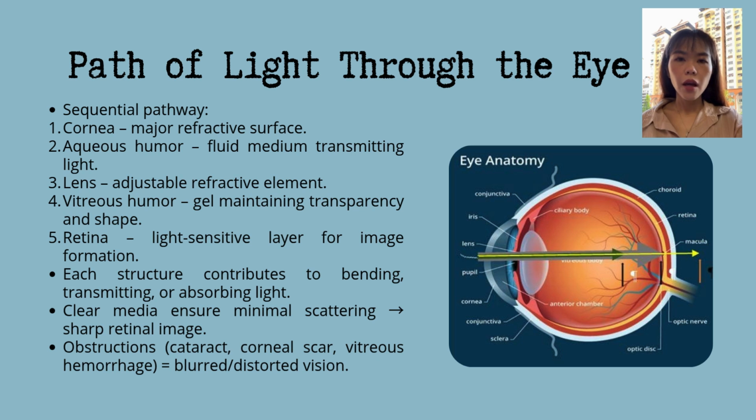Finally, the rays converge on the retina to form an image. If any of these structures are cloudy or irregular, vision will be impaired. For example, cataracts cloud the lens, and corneal scars scatter light, both leading to blurry vision.